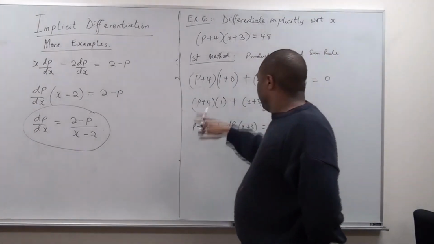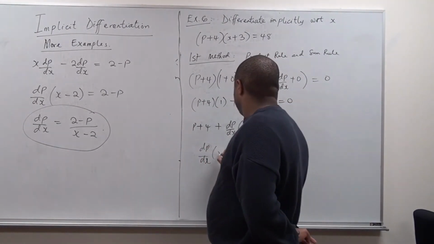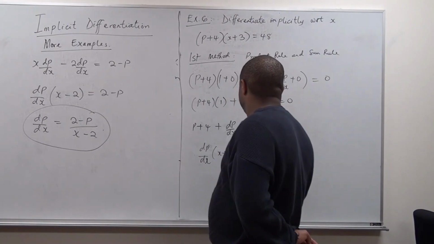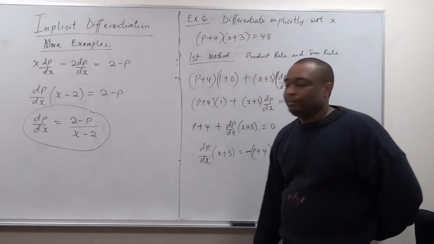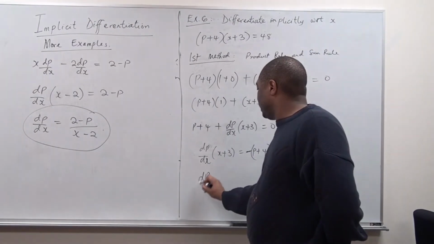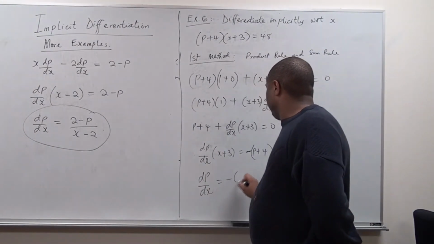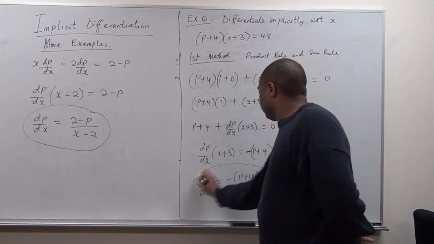I'll just move p + 4 to the other side. So dp/dx times (x + 3) will give us negative (p + 4), or you say negative p, negative 4. Then you divide both sides by x + 3. So dp/dx will give you negative (p + 4) all over (x + 3).